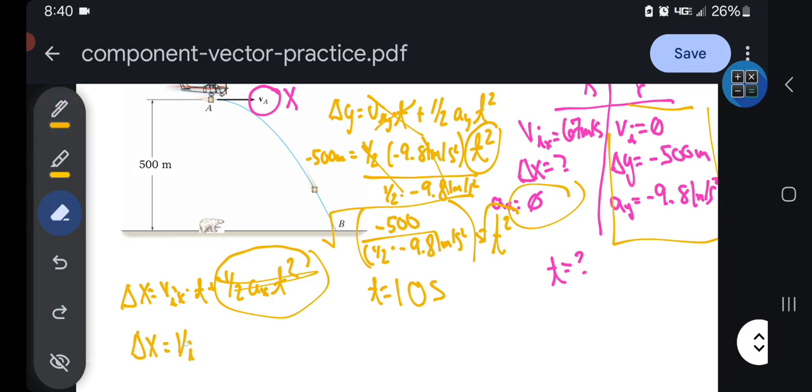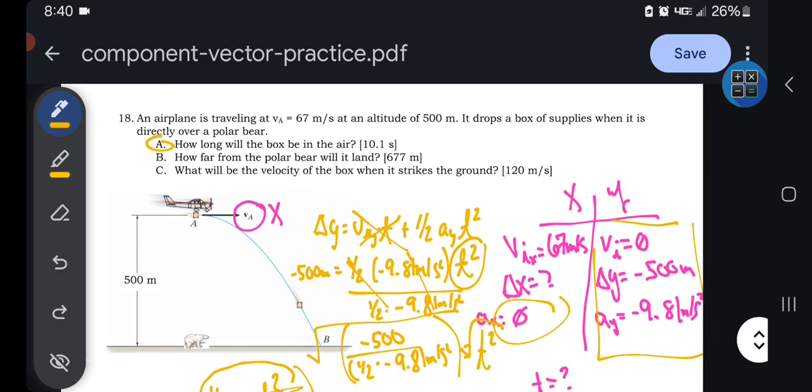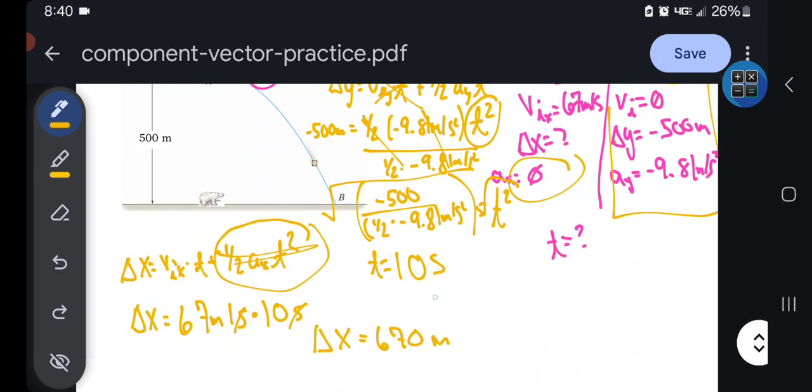My v initial in the x is 67 meters per second, and times 10 seconds. So my delta x comes out to be 670 meters. Alright, and they had a little higher because their time had that 0.1.